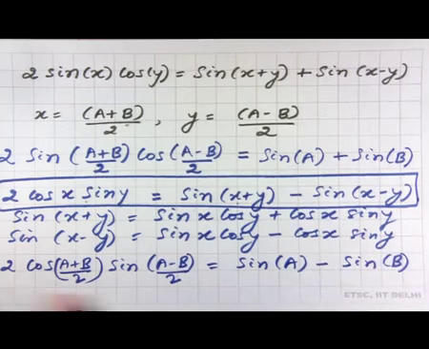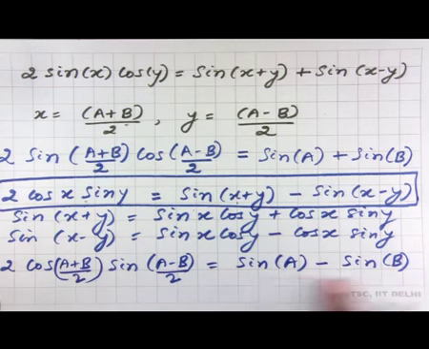So, this gives you an expression for a way of converting the difference of the sine of two angles to again the product of sine and cosine.